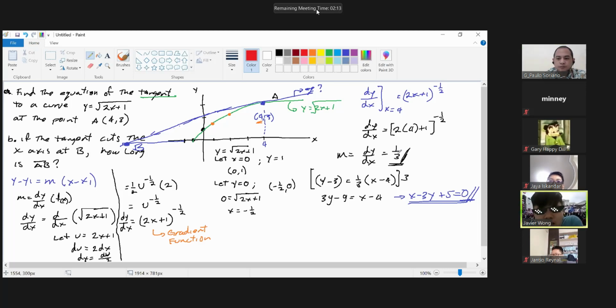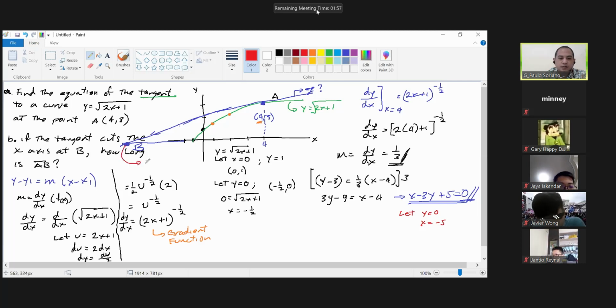We use the equation of the tangent and let y equal to 0. Then x is equal to negative 5. So point B is negative 5, 0.